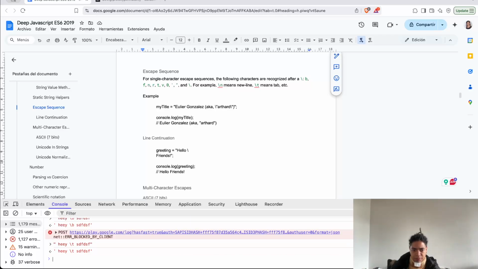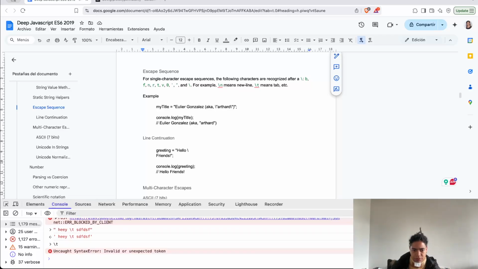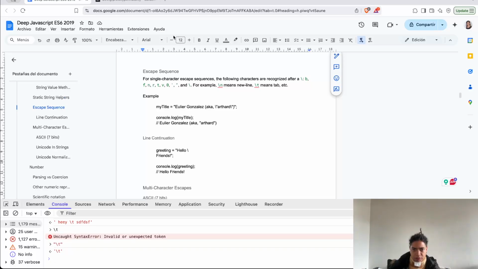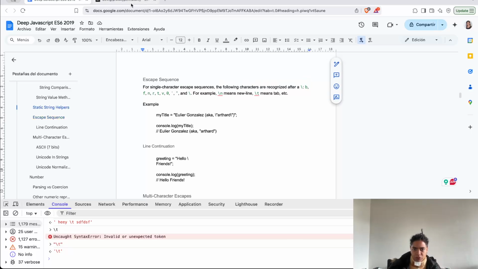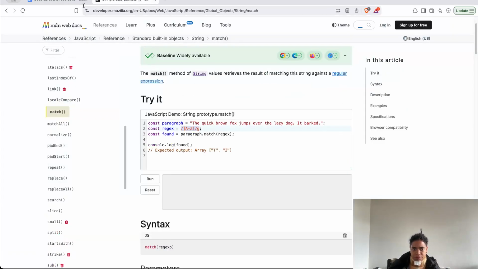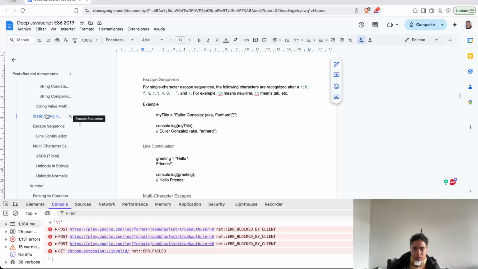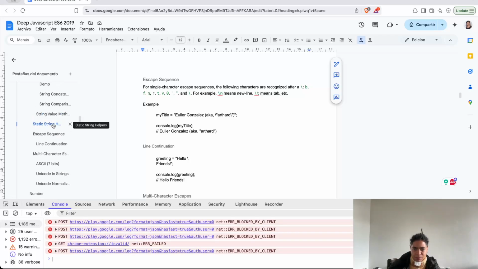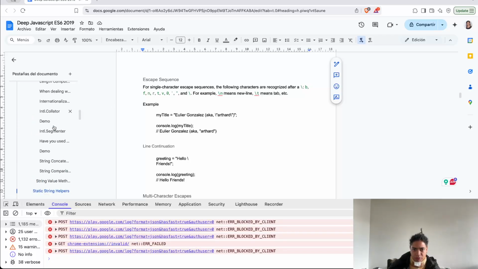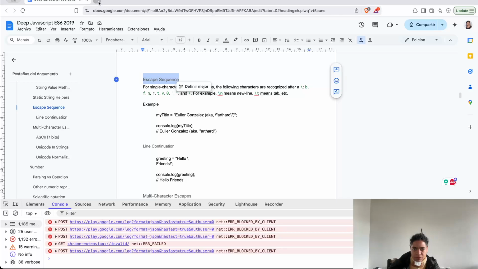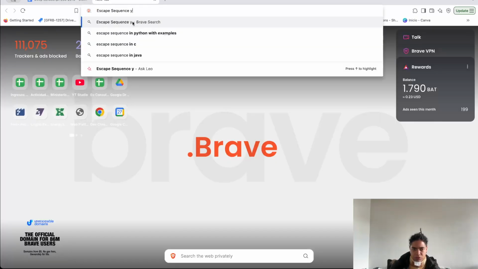I know tab. I know what tab does. Let me actually look at that, because there are some escape sequences that I don't know.